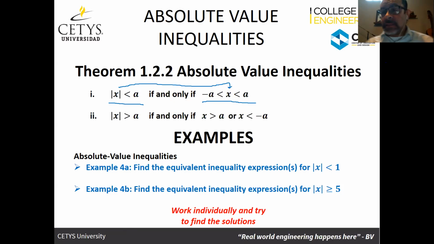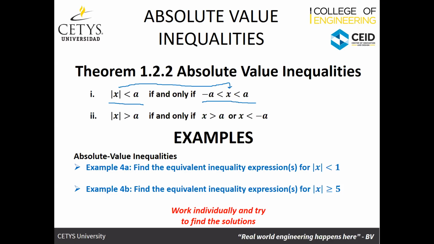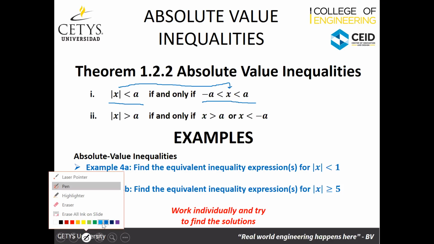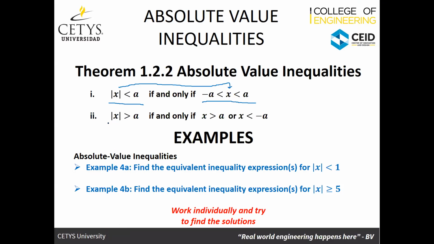That means that the solution set is going to be between the negative value and the positive one. So if it's absolute value of x less than 2, we can have a rewritten expression where we have minus 2 is less than x less than 2.